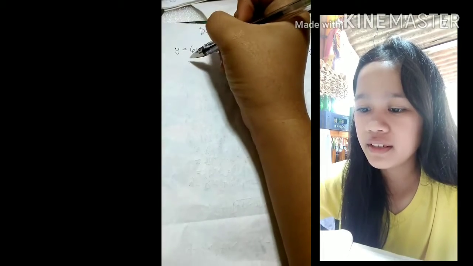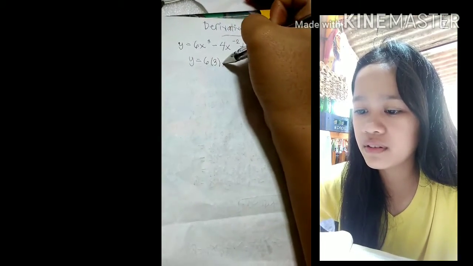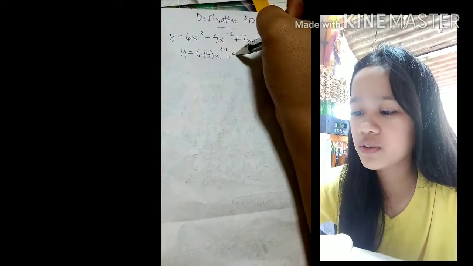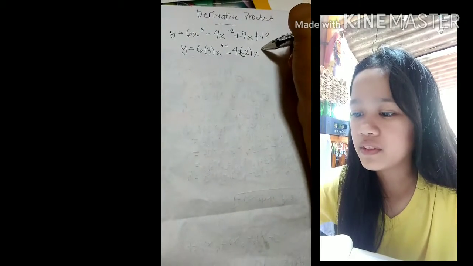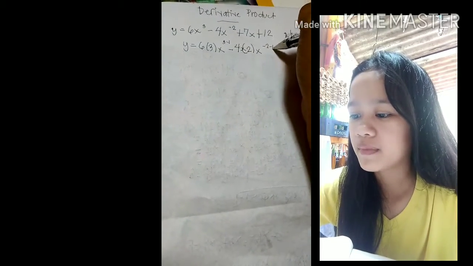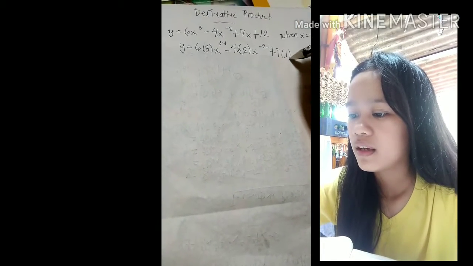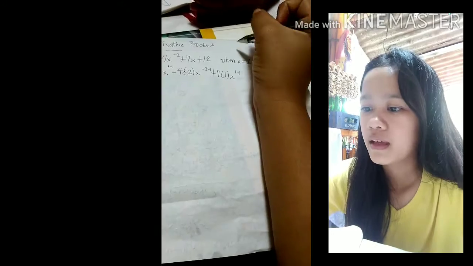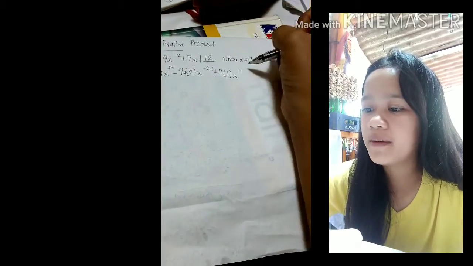So y equals 6 times 3 x raised to cube minus 1, minus 4 times 2 x squared minus 1, plus 7 times 1 x to the 1 minus 1. Since 12 is a constant number, it will become 0.